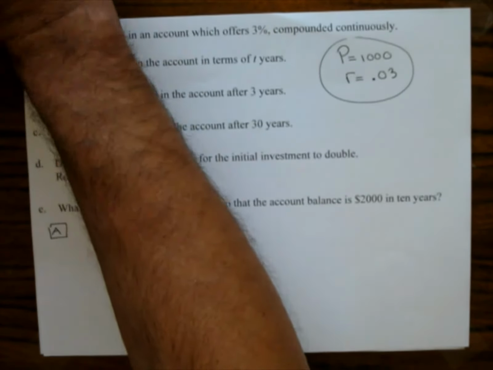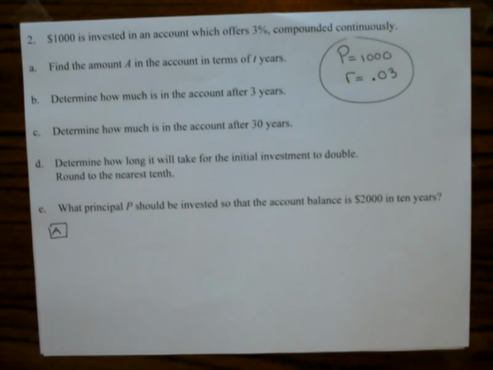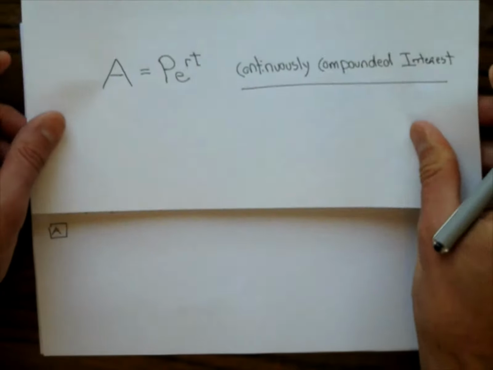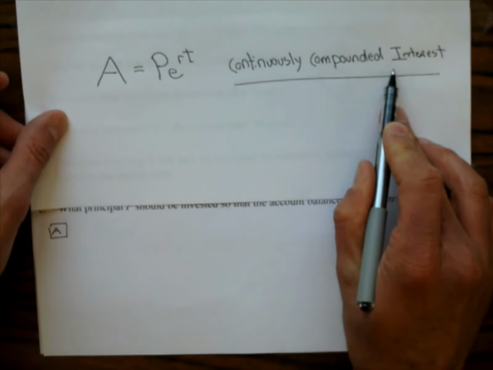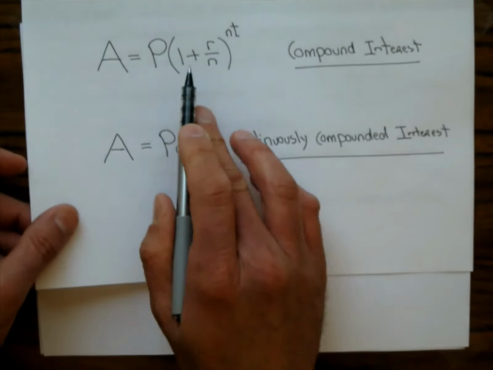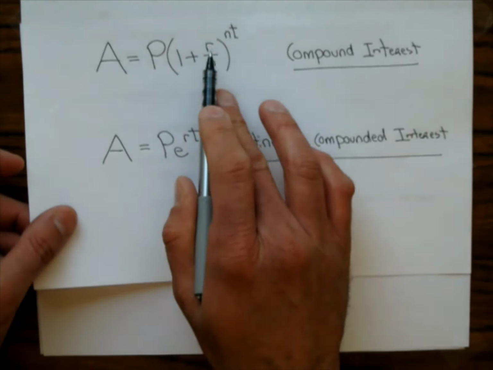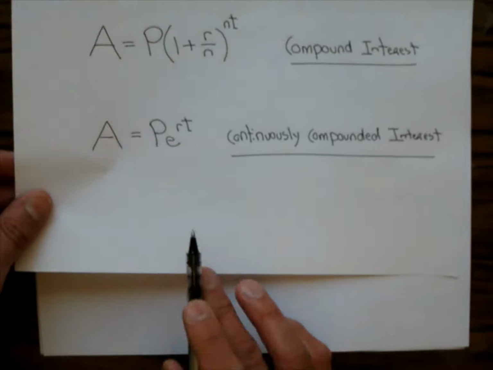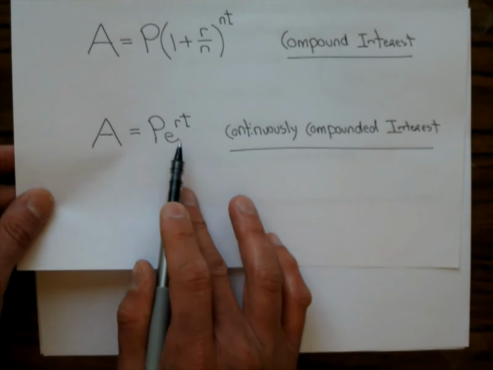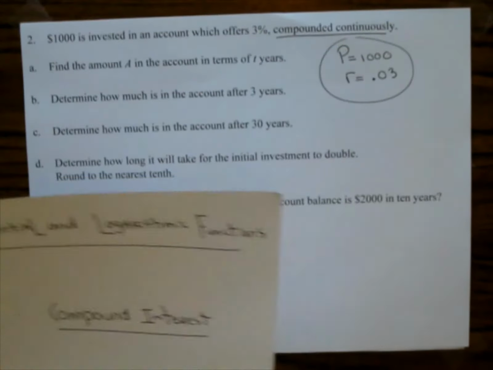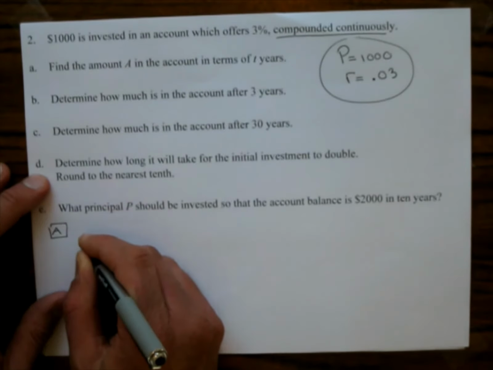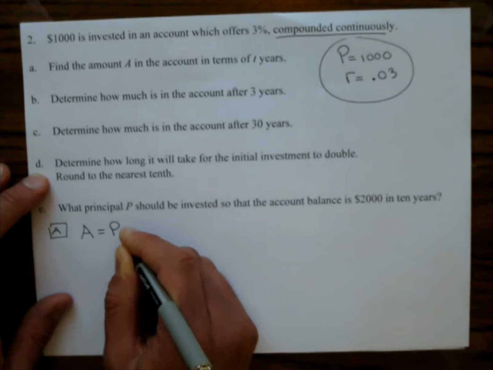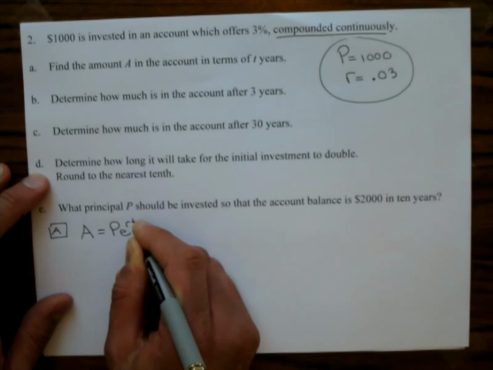So what we're using for this, since it's compounded continuously, we're using this formula. So don't bother to memorize these formulas. I'm going to actually put them on the test if you need them. Sometimes people call this the Pert Formula. Let's go ahead and write it out. The amount equals P e to the rt power.